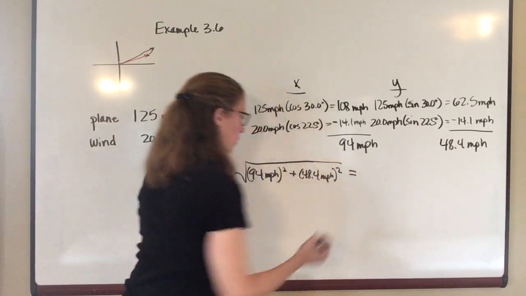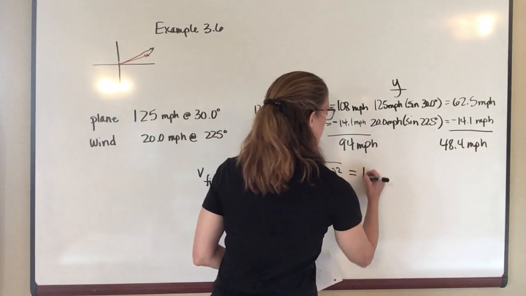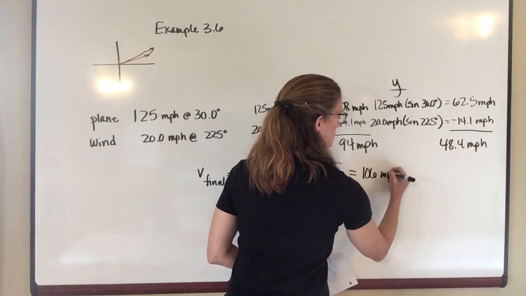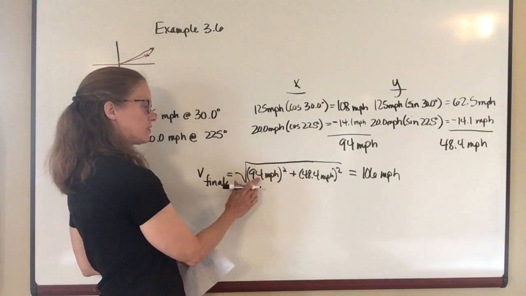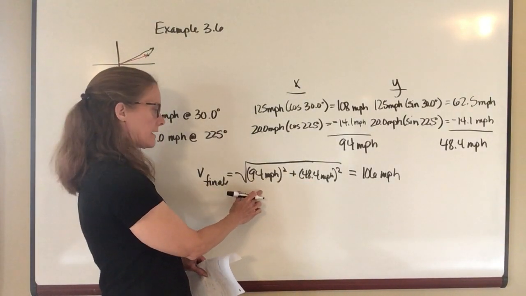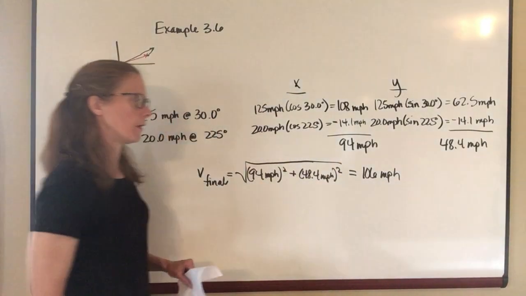Take the square root of that whole thing. And when you crunch those numbers, you should end up with 106 miles per hour. Again, significant figures. This is in the tenths place, but this is in the units or ones place. And so your answer is going to be in the units or ones place as well.